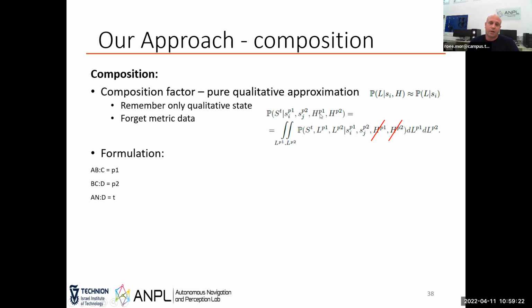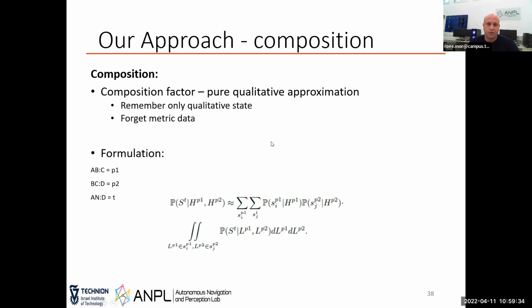So we are going to make an approximation and we are going to forget about all the measurements we have and just remember the estimated qualitative states of these two other triplets. This is not an accurate inference, it's approximated, but it's going to be much easier.